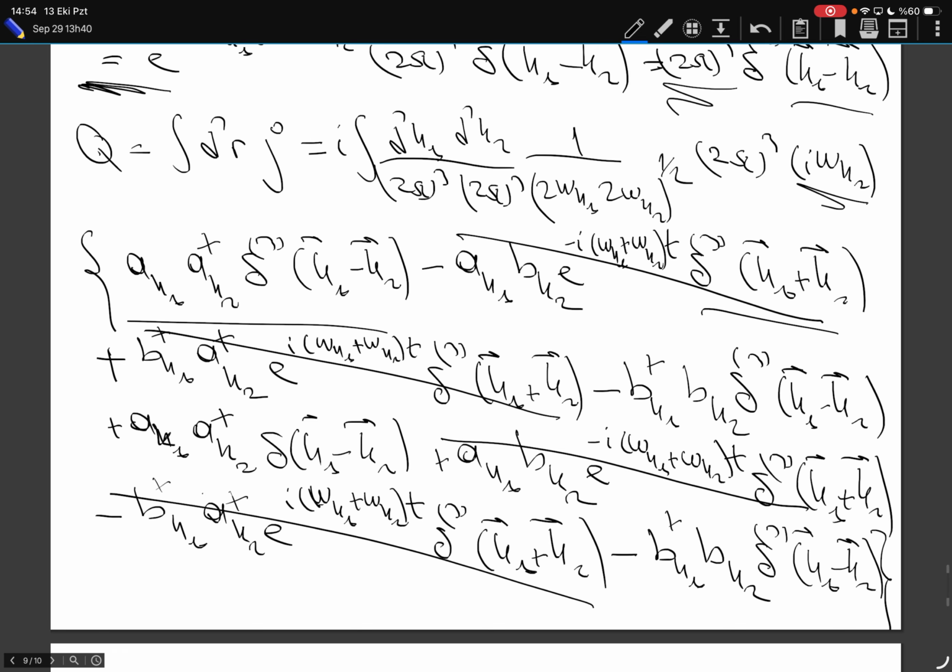Now, k1 is either equal to k2 or minus k2. In fact, in the remaining terms, k1 is equal to k2 exactly. So omega_{k1} will be equal to omega_{k2} when I evaluate the k2 integral. So these omega_k's will cancel. This (2 pi) cubed will cancel one of these (2 pi) cubes.